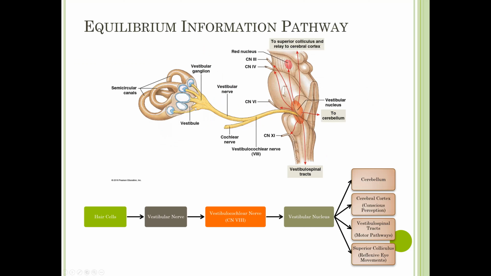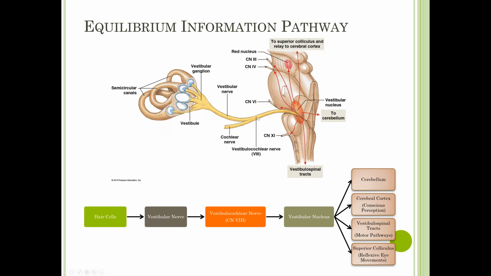So if we follow this pathway, again, we have these axons coming out of the 3 areas at the base of the semicircular canals and the 2 areas in the vestibule, and all of these axons come together to make up the vestibular nerve. And the vestibular nerve joins up with the cochlear nerve, which we'll talk about in the section on hearing.